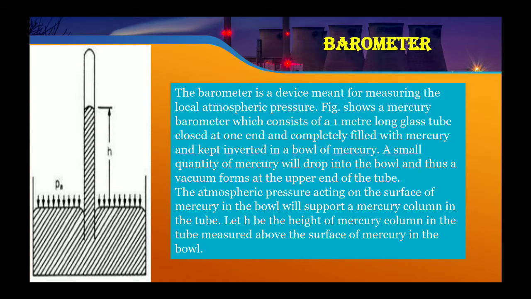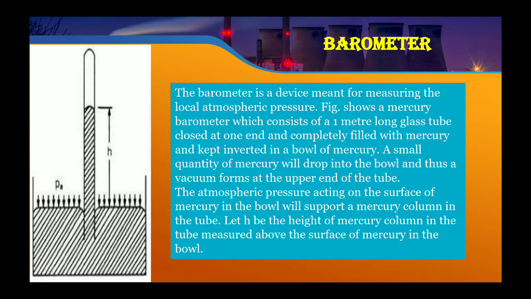Local atmospheric pressure means the atmospheric pressure depends upon the height or altitude. When the height is increased, the atmospheric pressure is reduced. So the local atmospheric pressure means the pressure at a certain height.